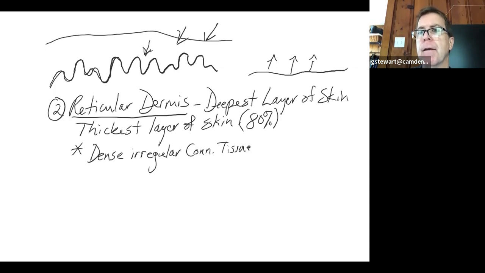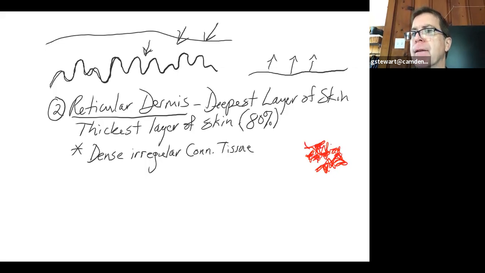When we look at it under a slide, under a microscope, it just looks like chunks of raw meat. It's irregularly arranged. There are spaces in there, but it's fairly densely packed, especially when you look at it compared to the sort of light, airy look of the areolar connective tissue found up in the papillary dermis.